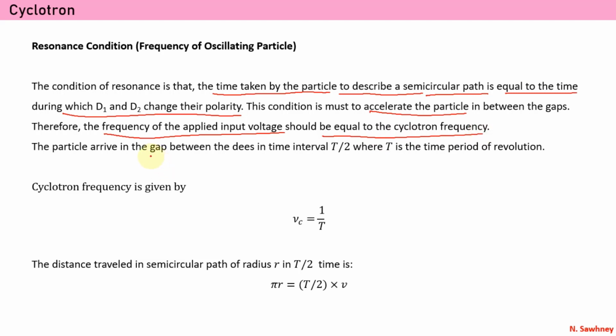The particle arrives in the gap between the Ds in time interval T by 2, where T is the time period of complete revolution. So the particle will leave one semicircular D in the interval T by 2, and hence the cyclotron frequency will be 1 upon T, and the distance travelled in a semicircular path of radius r will be pi r, which is equal to time, which is T by 2, into velocity.